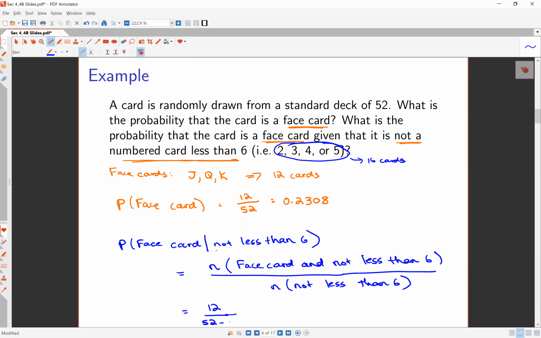Well, that would be the 52 minus the 16 cards that are less than 6. So this would be 12 divided by 36, which in fact is 1/3, or to 4 decimal places, 0.3333. So being given this extra piece of information, someone peeking at the card and telling me, oh, well, I'm not going to tell you exactly what it is, but it's not a card less than 6. That immediately gives me additional information, and I can factor that into my probability now.